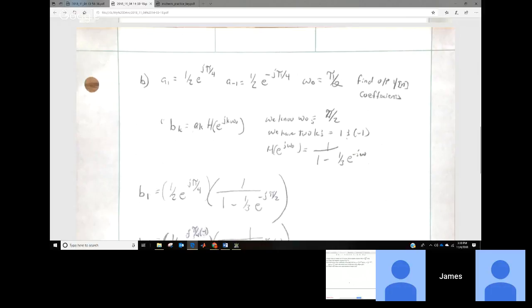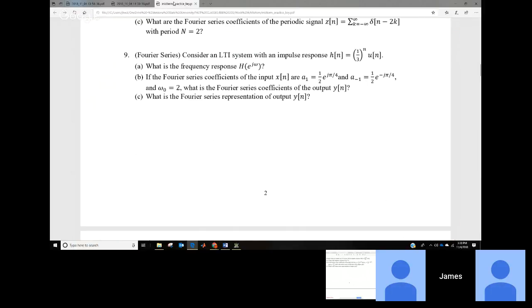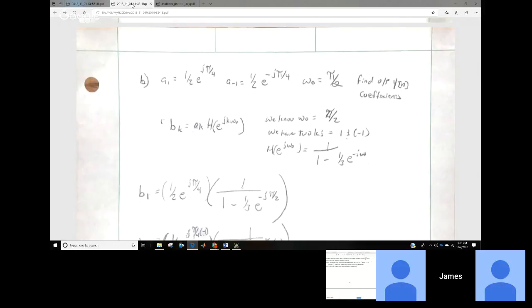We know that our fundamental period is pi divided by 2. Oh no, we knew omega naught is 2, not pi divided by 2. Sorry.